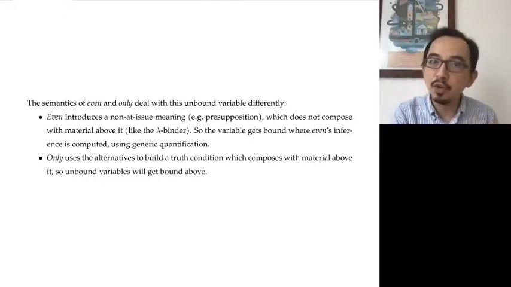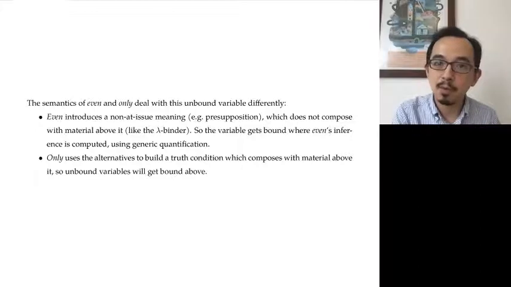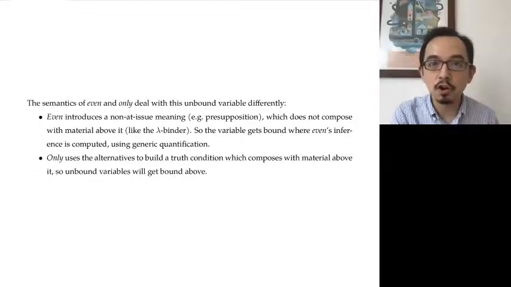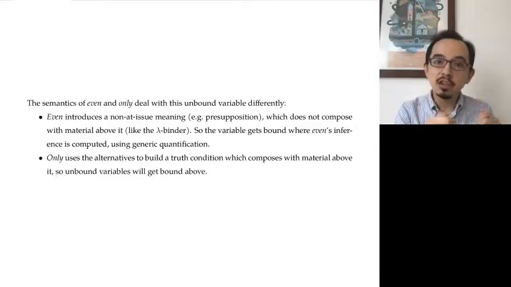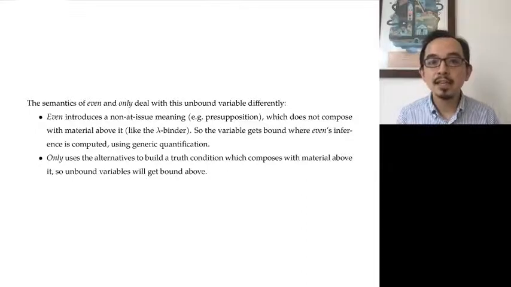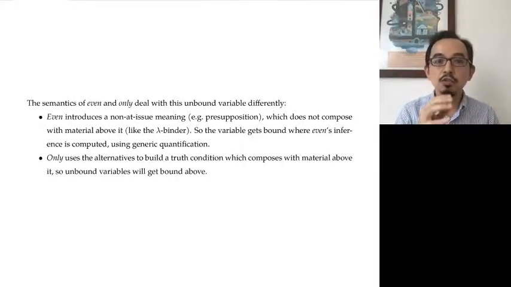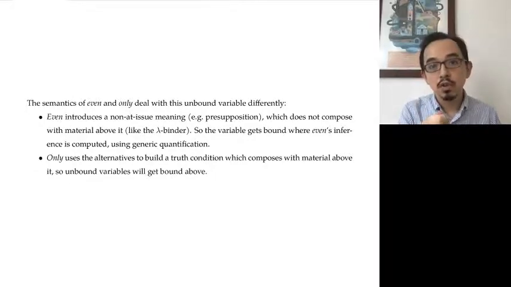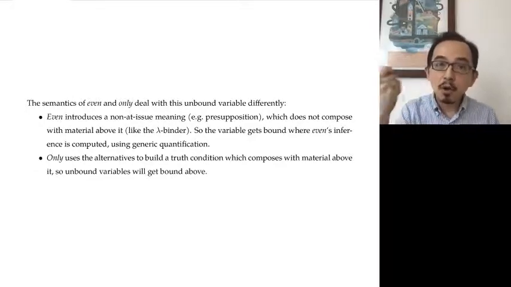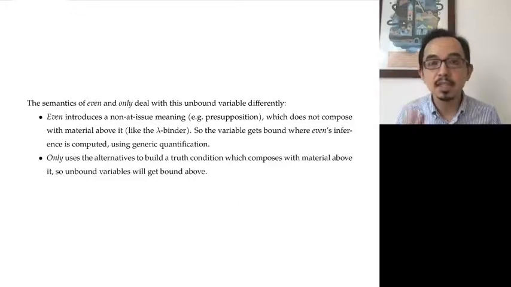It will have to deal with the unbound variable in some way, and I proposed and argued at length in my dissertation that in such situations, even and also will then bind that unbound variable with generic quantification. Only instead will take the alternatives in its sister and create a new truth condition, which will then compose with material above it. Let's see how this works.